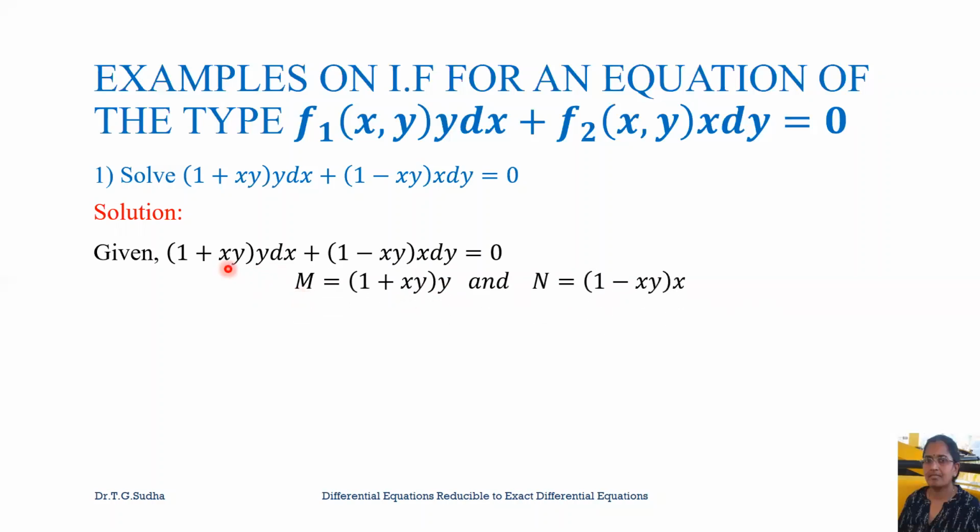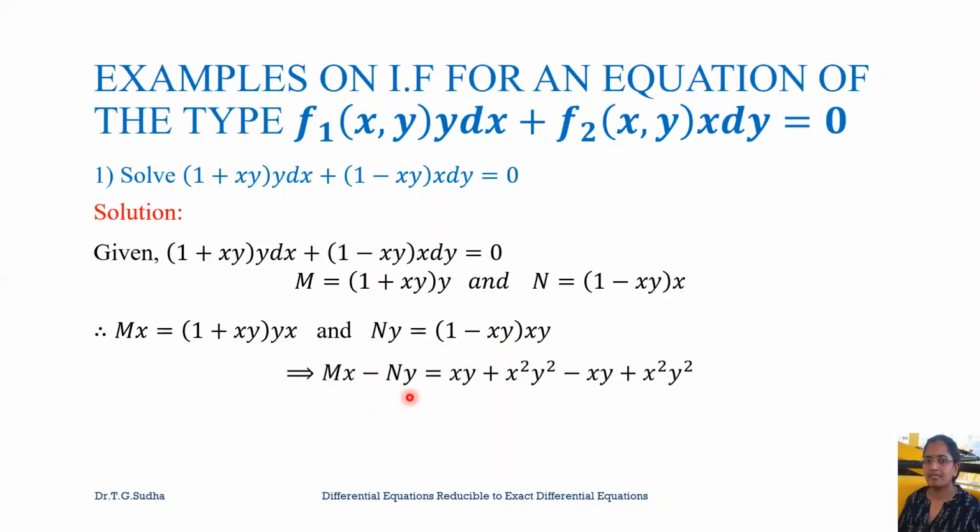Here we can see that M is (1 + xy) y and N is (1 - xy) x. Let us calculate Mx and Ny. So Mx is (1 + xy) yx and Ny is (1 - xy) xy.